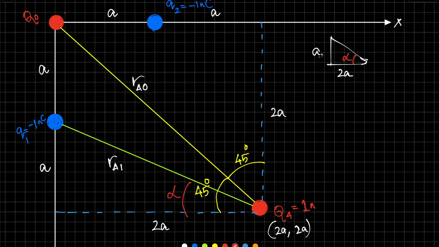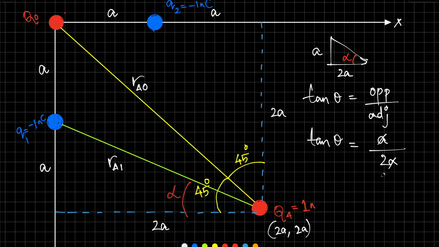Again, in this triangle we have the opposite side and the adjacent side, so I'm going to use tan. Tan alpha equals opposite side over adjacent side. Opposite is a, adjacent is 2a. Cancel the a. Tan alpha equals 1 by 2.